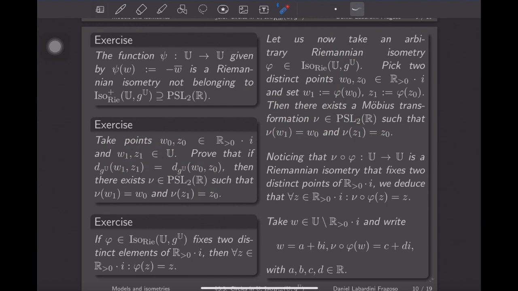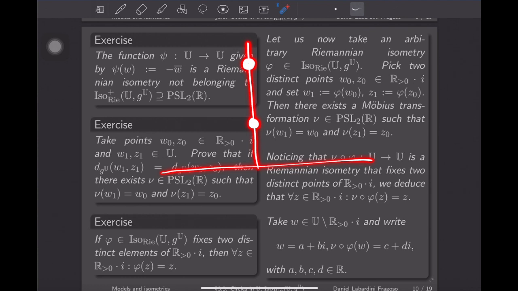Okay, another exercise. If you give me a Riemannian isometry of the upper half plane, and it happens to fix 2 distinct points in the positive part of the imaginary axis, then it fixes every point in the imaginary axis. So you give me a Riemannian isometry, and for some reason I can show that it fixes 1 point here and another point here, both in the positive imaginary axis.